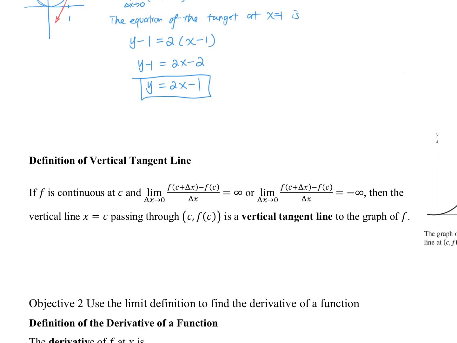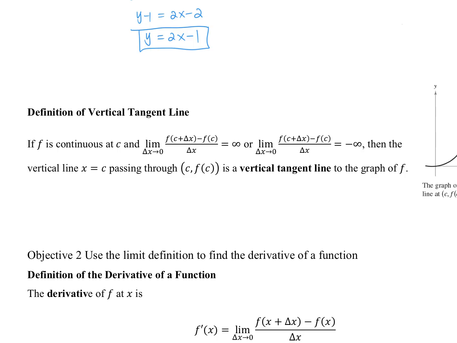Sometimes this situation can happen. If f is continuous at this point c, and the limit of the difference quotient is infinity or negative infinity, in this case, the vertical line x equals c passing through this particular point c, f of c, is called a vertical tangent line to the graph of f.